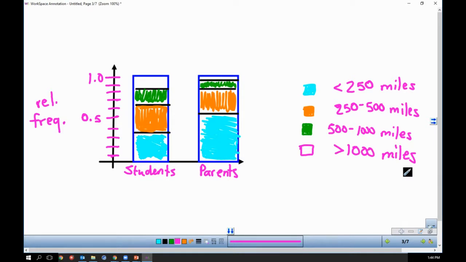And then don't forget, we still need to put our title here. So maybe we say ideal distance from home or whatever. Ideal distance for college, whatever you want to call it.